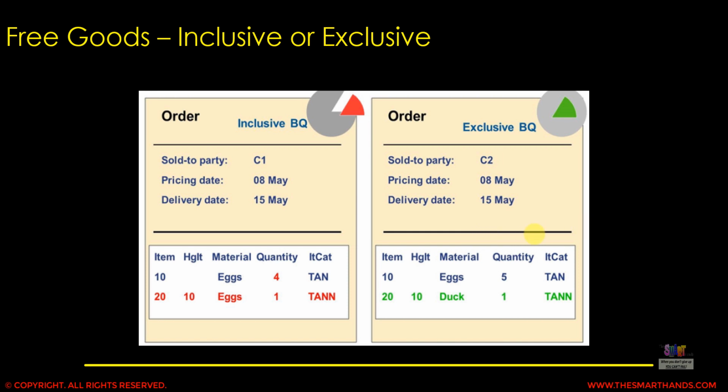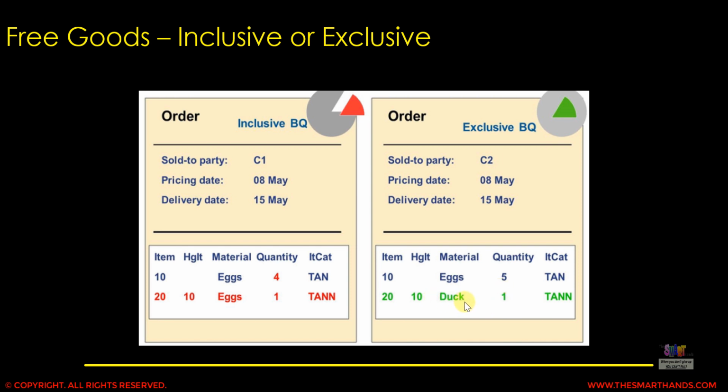The second example, on the right hand side, is an example of exclusive. For 5 pieces of eggs, one duck is free, or when we sell a laptop, for every laptop there is one mouse free. Here the system will not change the quantity. For 5 eggs with one duck free, the system will not change 5 to 4, so the total quantity becomes 6, 5 plus 1.